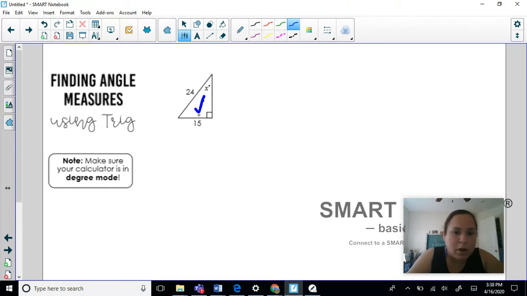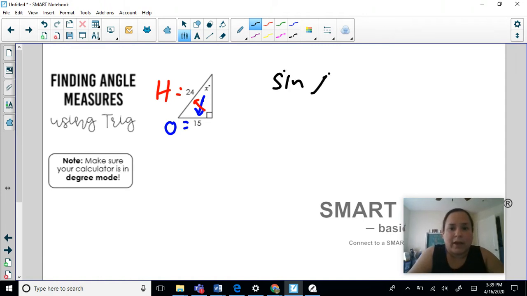But let's take a look. Across from X, we're given the 15. That represents the opposite side. Across from the 90, we are given 24, so that means that this is our hypotenuse. So for this problem, we're going to be using sine of X equals opposite over hypotenuse.